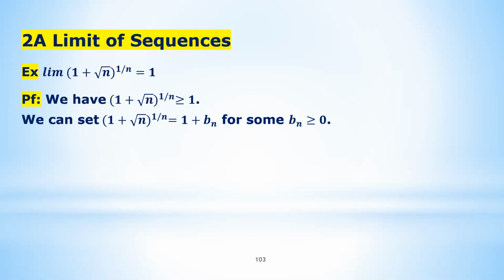Now, I have to turn this into an estimate for bn. So this is what we're going to do. I take the nth power on both sides, so you get (1 plus bn) to the n power. Using the expansion, this is greater than 1 plus n bn. Now, this is the key detail.